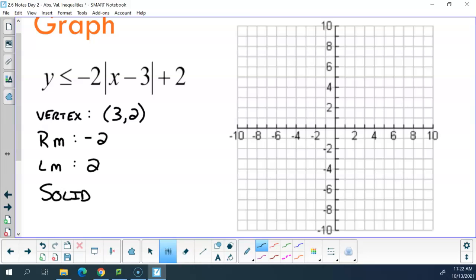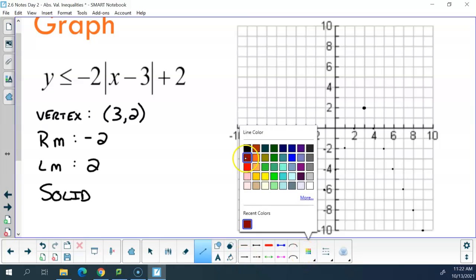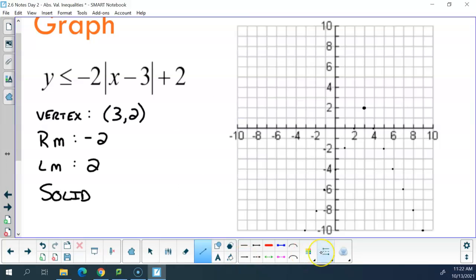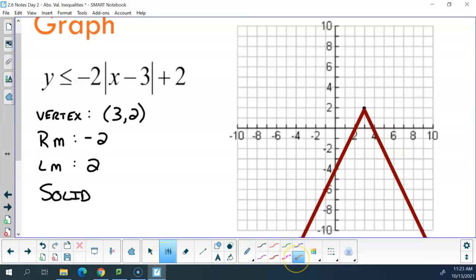All right, so 3 comma 2 is right here. Slope of the right side is negative 2. Slope of the left side is positive 2. We said solid line. Test point, 0, 0.